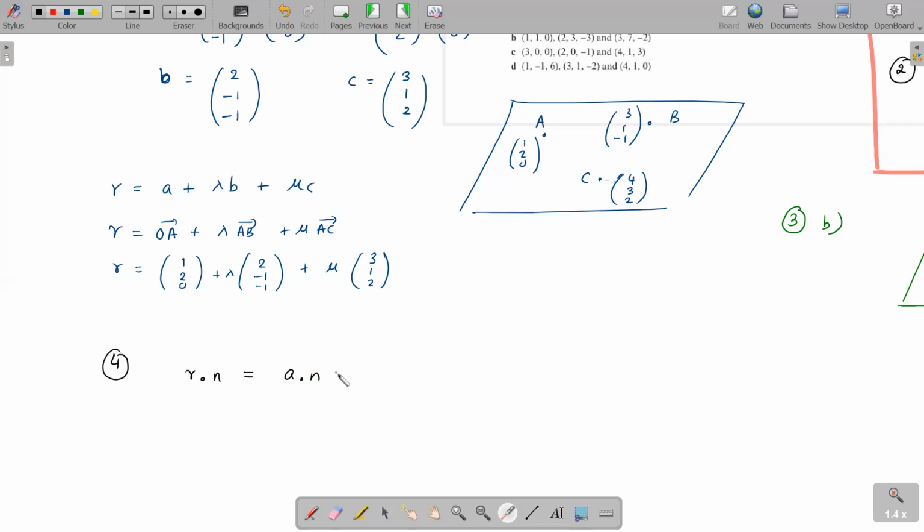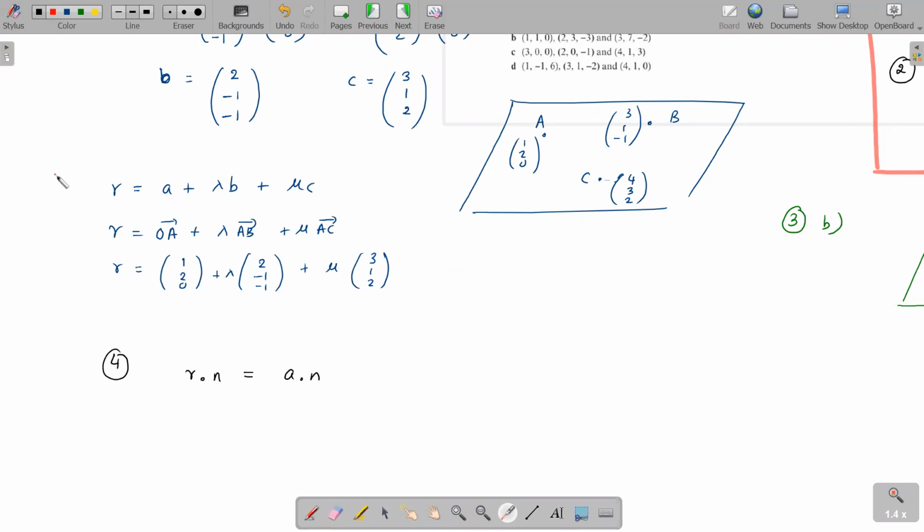Now the biggest question here is, using all this information, how do we find n? How do we find a vector which is perpendicular to the plane? To do that, you just need to remind yourself about the main part that we learned in this lesson. In the very first exercise, we learned something about perpendicular vectors. What was it? The cross product.